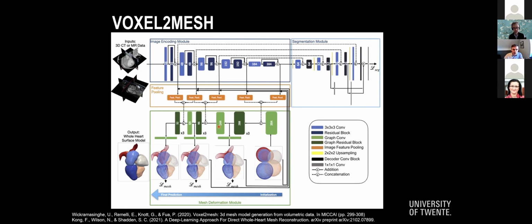But the interesting part is going on at the bottom here, where there is an initialization of a couple of spheres, each corresponding to a heart chamber. And then just like in a normal decoder, there is an increase of resolution in each step, where actually the deformation of the vertices is predicted, using a combination of a graph convolutional network and these image features extracted in the image encoding module. And at the end, what comes out should be a watertight mesh for each of these heart chambers that, using a mesh-based loss, is optimized to actually give a good segmentation.